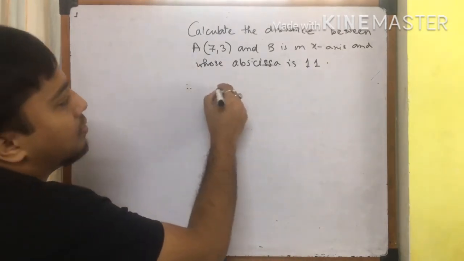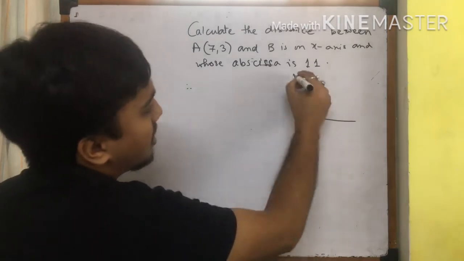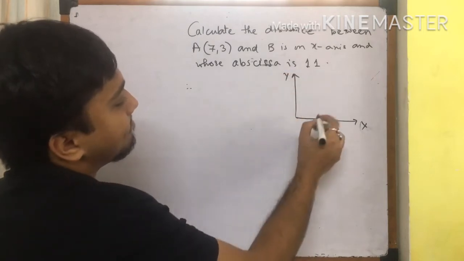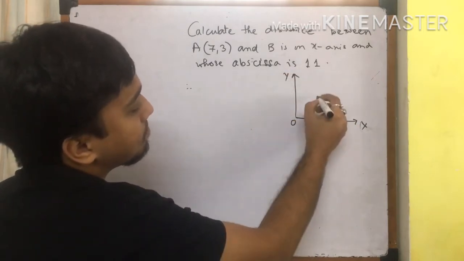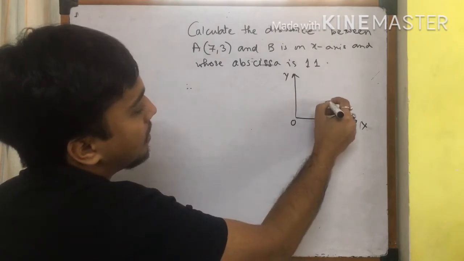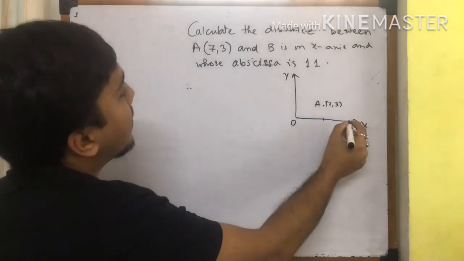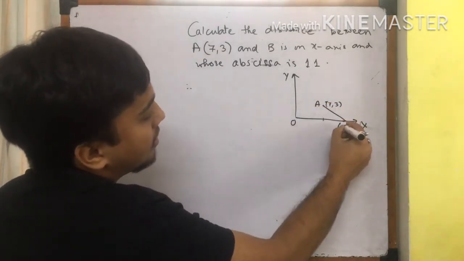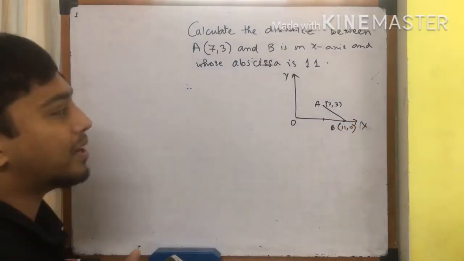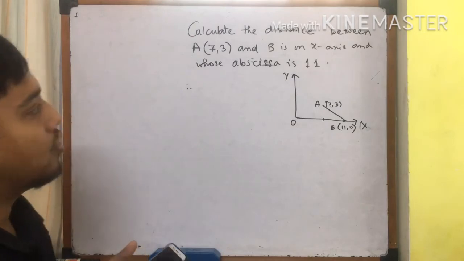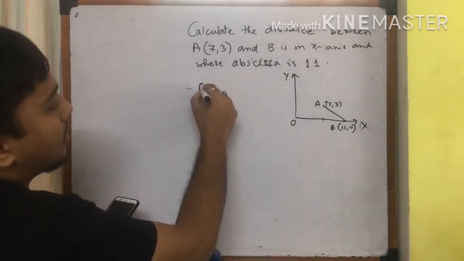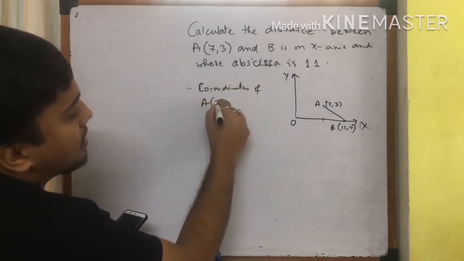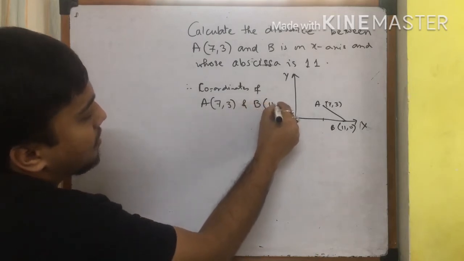Therefore, if you want, you can draw it. (7, 3) is the point A, and this is the point B, (11, 0). For betterment of view and a clear concept, I have drawn it. We have to write the coordinates of A (7, 3) and B (11, 0).